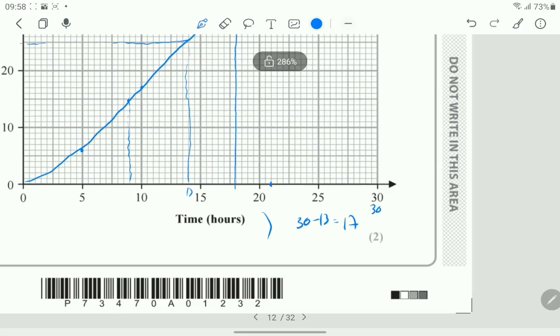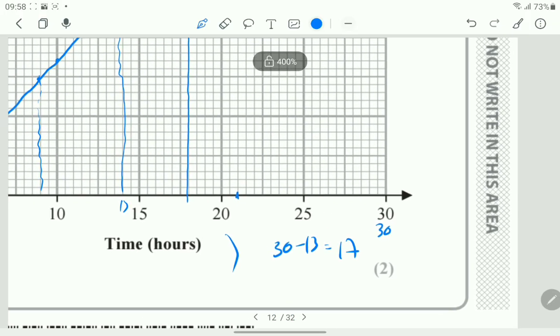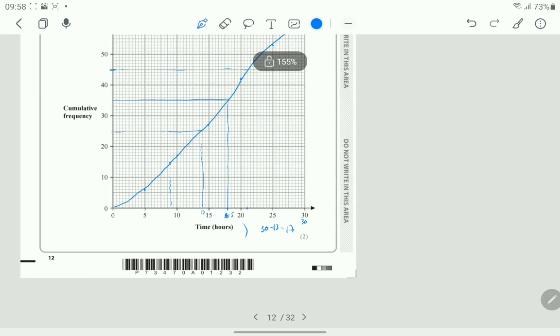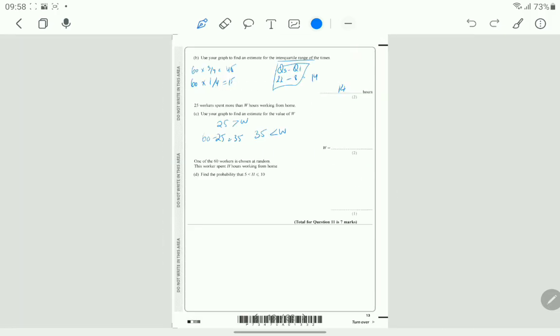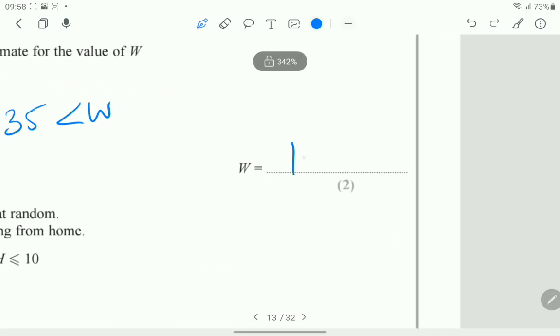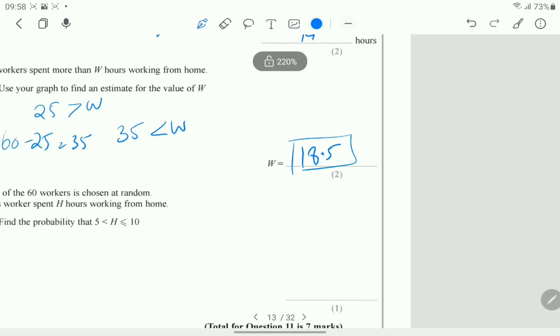It gives us a roundabout value. Oh no, it's 15.5, 16, 16.5, 17, 18 and 18.5. So 18.5 is the correct answer. These types of questions have a range depending on your graph, but 18.5 is a very safe answer.